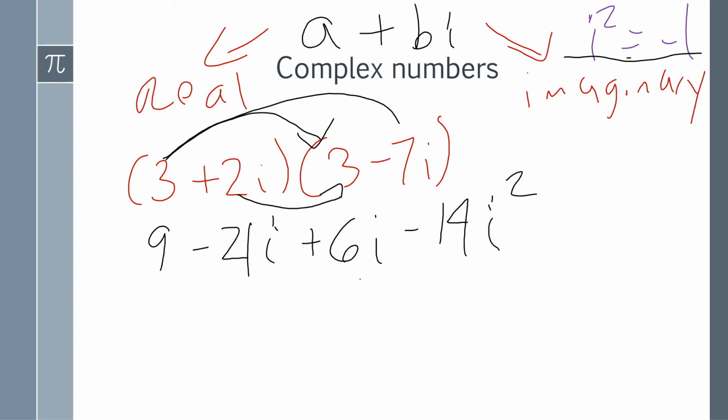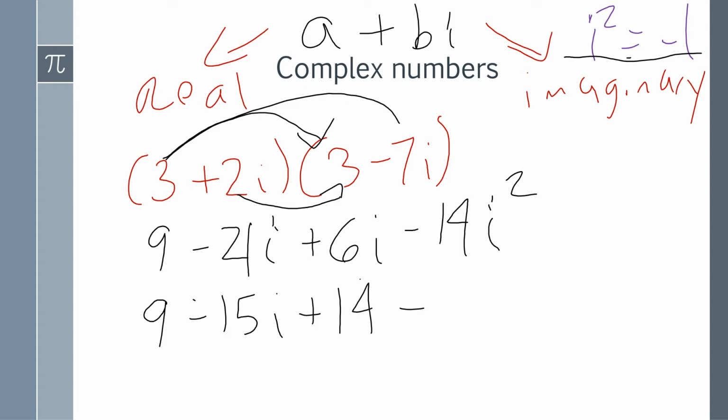squared, but remember, i squared is -1, so that could be rewritten. I rewrite this: 9, -21 plus 6, that's a -15i. -1 times -14 is a +14.